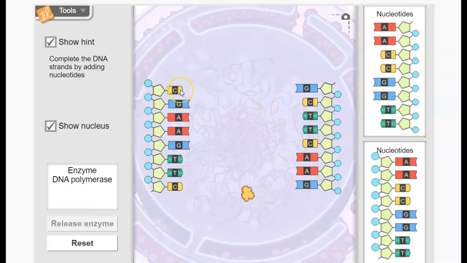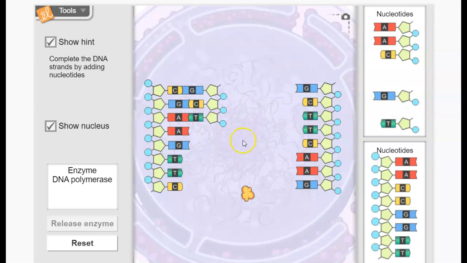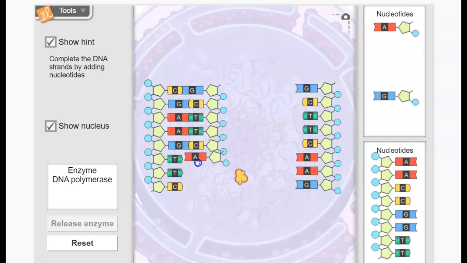So I had cytosine here. It was bonded to guanine, so I need another guanine. I had guanine here. It was bonded to cytosine, so I got to bring in another cytosine. Adenine bonds with thymine. I have another adenine, so it'll bond with thymine. Guanine gets a cytosine. These two thymines get adenine.